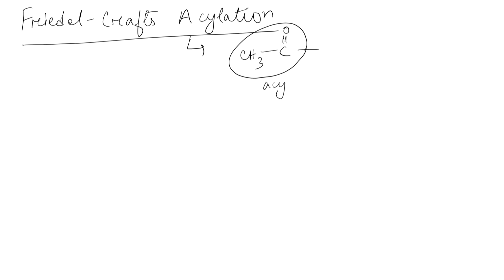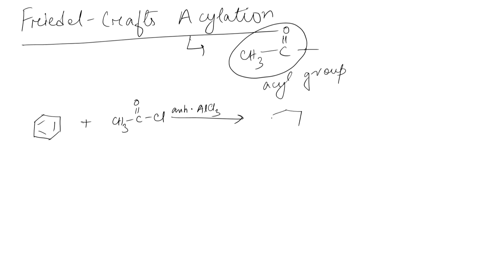This is the acyl group. So, for this, we will take benzene. We will have this acyl chloride and anhydrous aluminium chloride here, and we get this.